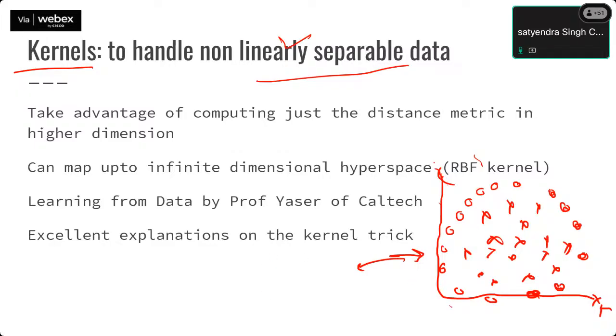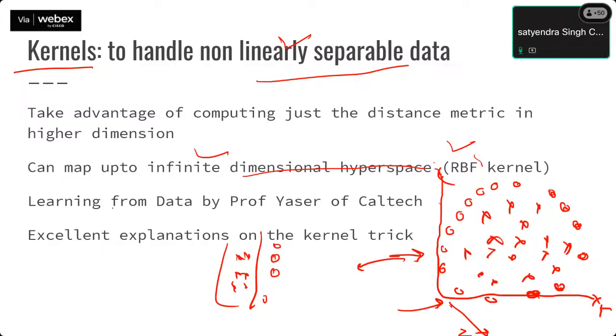However, if we add one more dimension, let's say z, and we look at it from this side, there might be a chance that this data is linearly separable. So kernels map into higher dimensional space, and it can map up to infinite dimensional space.